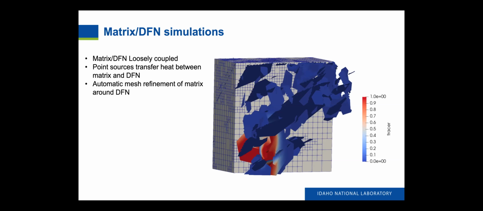No, it's well, okay, so for this example, we solve the fracture by itself as what Sam said, a 2D plane in 3D space, and then we transfer point heat sources to the matrix, which is the gray block in the background. Then we solve that, and then transfer heat sources back to the fracture and solve it again.